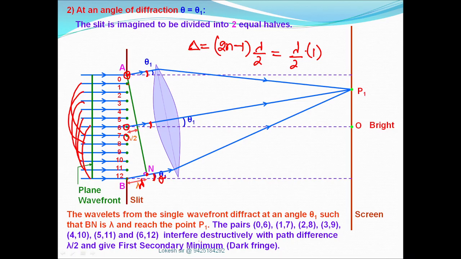They interfere destructively, and you will have a path difference of lambda by 2. And this will give your first secondary minimum. It is called the dark fringe. So at the center you will have a bright fringe, then it is dark, and again bright and dark, like that.